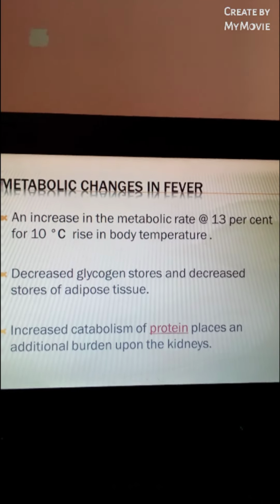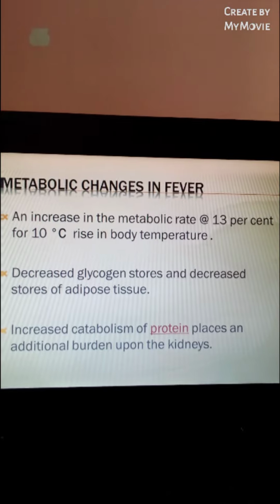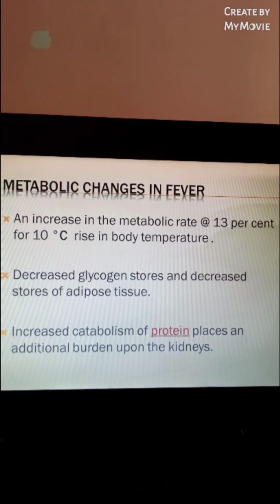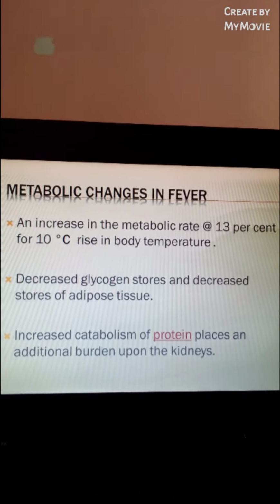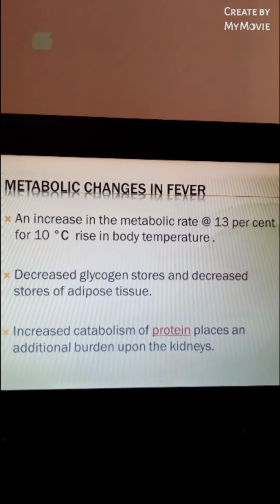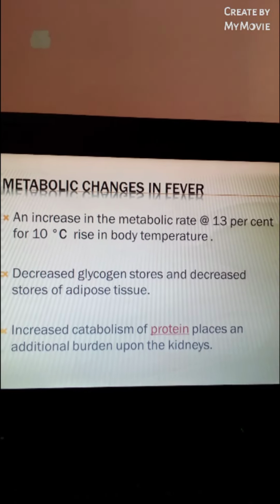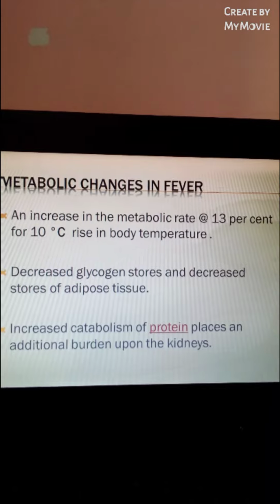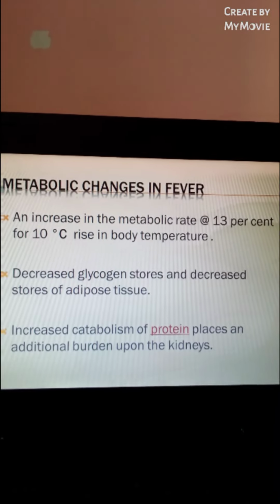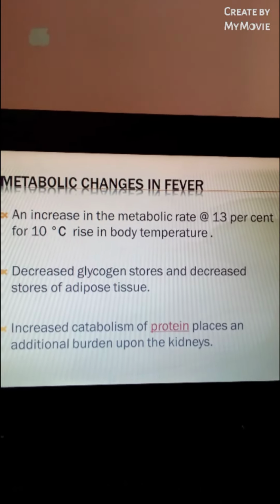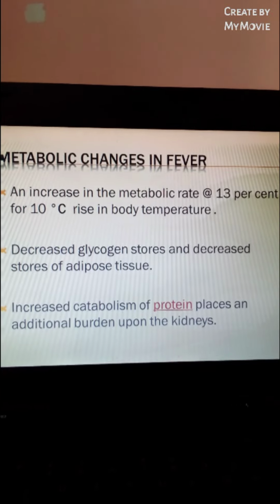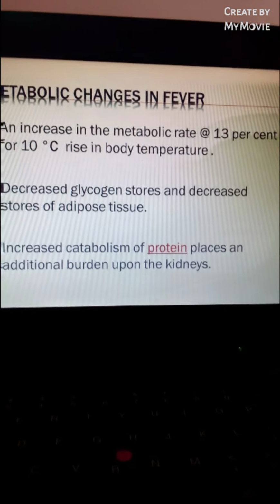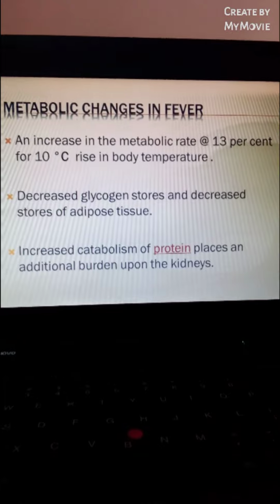So, what are the important metabolic changes that occur in fever? First of all, the metabolic rate increases at the rate of 13% for every 10 degrees Celsius rise in body temperature. There is a decrease in glycogen stores and adipose tissue stores, that is, a degradation of glycogen from the body.